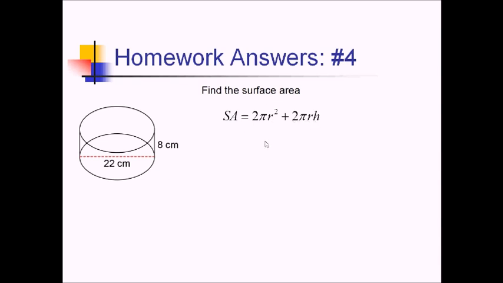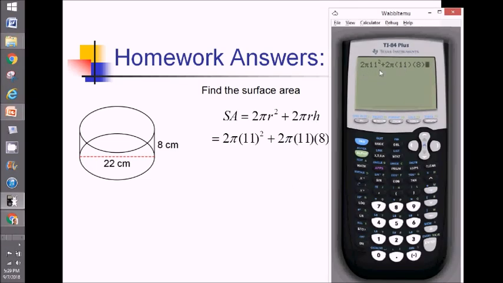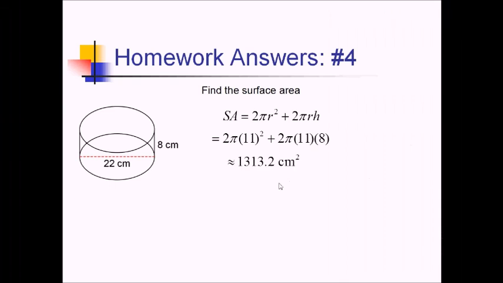So we have a radius of, well, they gave us the diameter of 22, so the radius then must be half of that, 11. So radius of 11, height is 8, so 2 times pi times 11 squared plus 2 times pi times 11 times 8. Calculator time. So there we go, entering all that at once. We come up with 1,313.2 square centimeters.